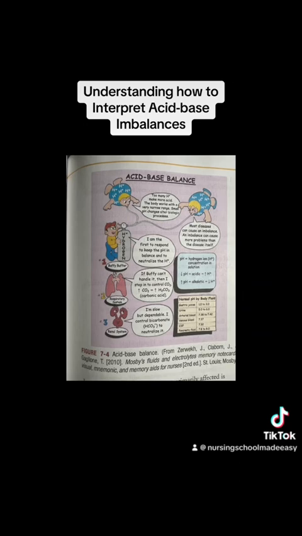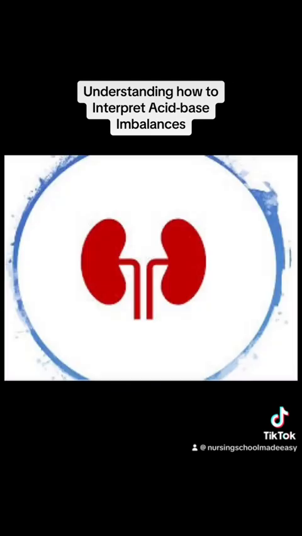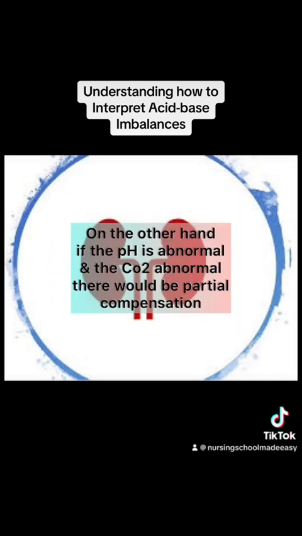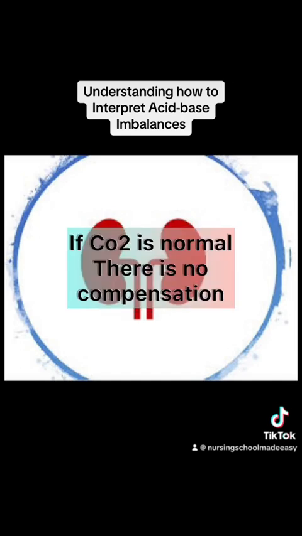If the values are indeed abnormal in either case, you must look at pH. If the pH is normal, it's fully compensated. If the pH is abnormal, it's a partially compensated case.